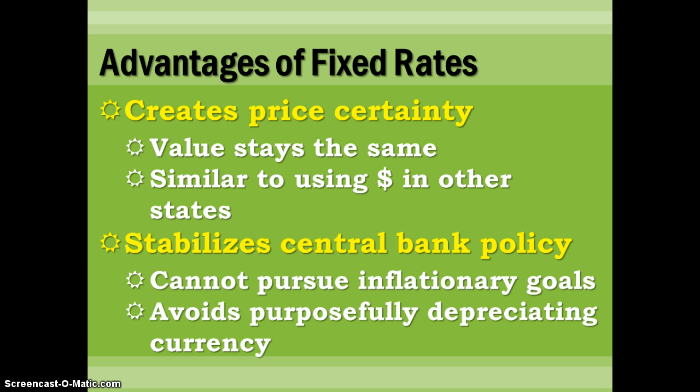So you can't just go out of your way to purposefully depreciate your currency in order to increase your exports, or inflate it if you decided you wanted a strong currency and do that out of the blue. You have to have a consistent, cautious central bank policy if you're going to be in a fixed exchange rate regime.